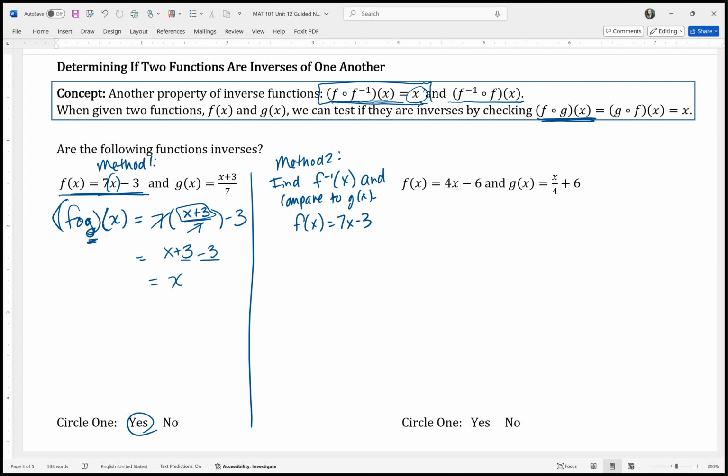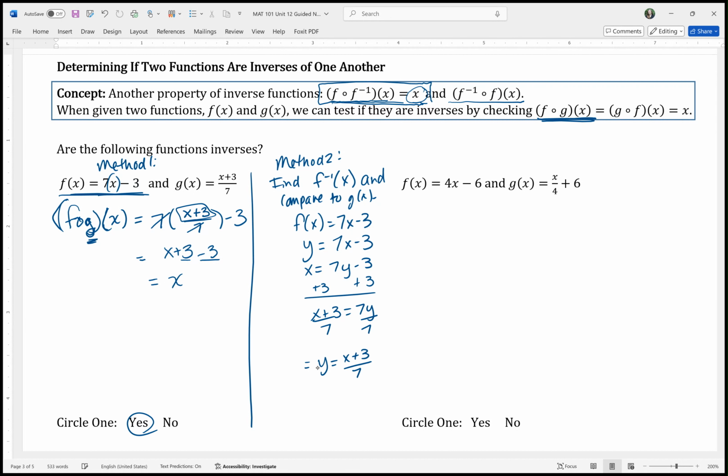So finding the inverse of this, we would change f of x to y. So y equals 7x minus 3. We're going to swap x and y. So this is x equals 7y minus 3. Solve for y. So add 3. That's x plus 3 equals 7y. Divide by 7. And we get y equals (x plus 3) over 7.